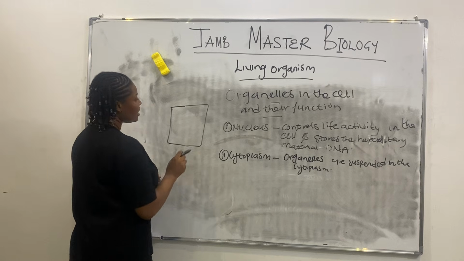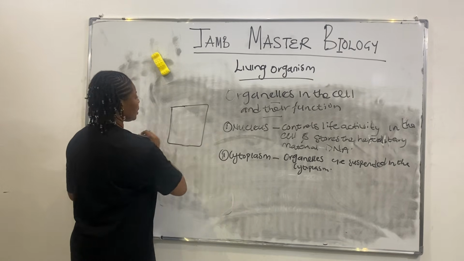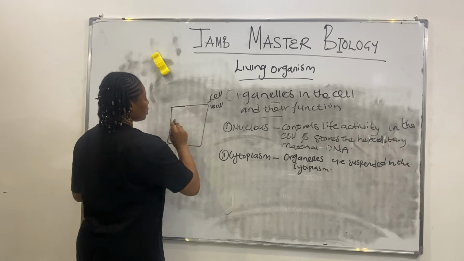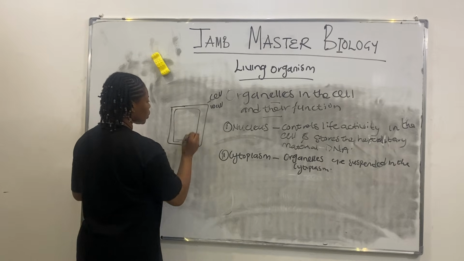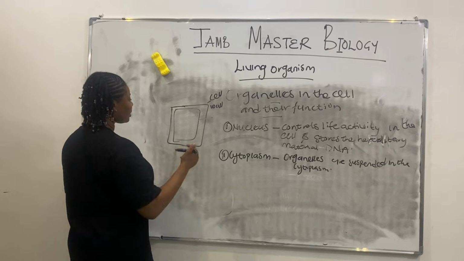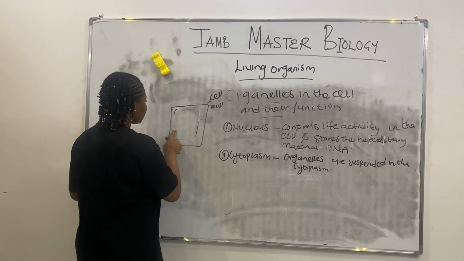It means that the cytoplasm houses everything. If this is a cell, this is going to be the cell wall. It might have a membrane or not. The second one is the membrane. It can be either present or absent, right?